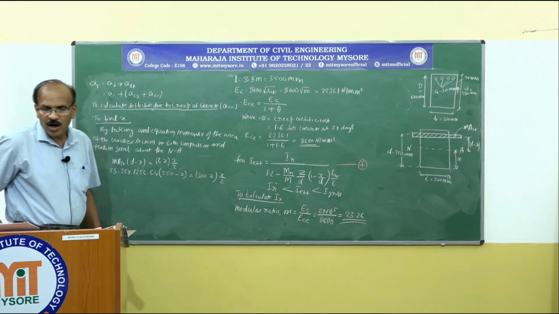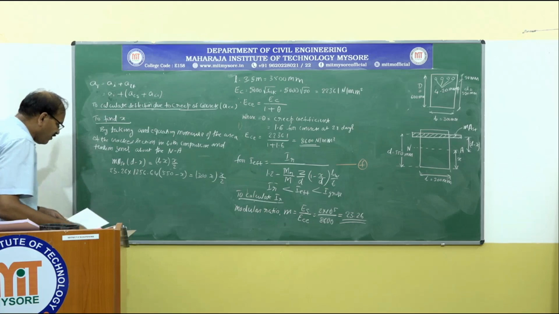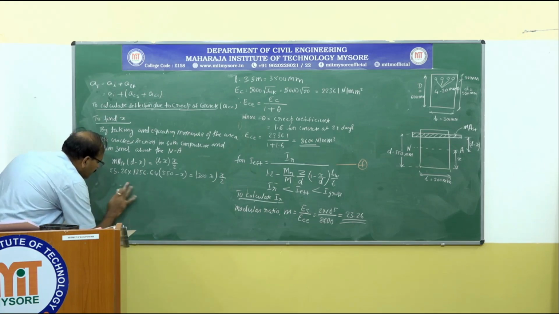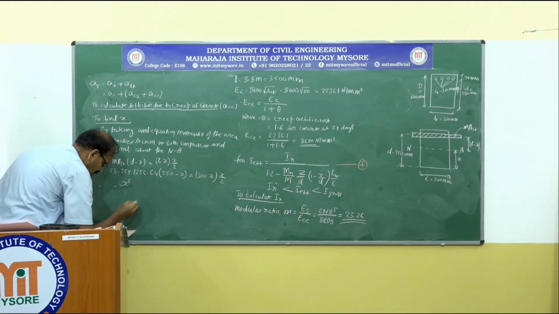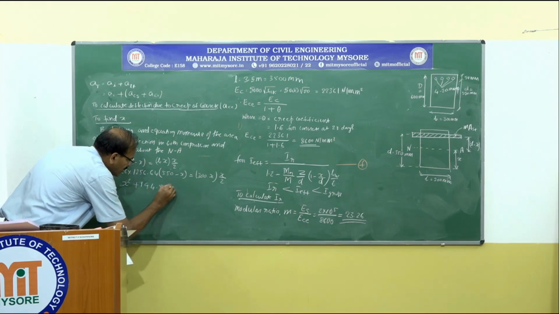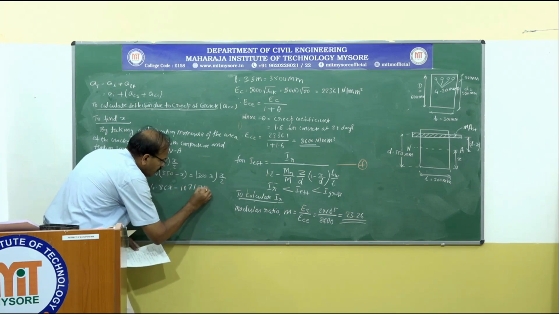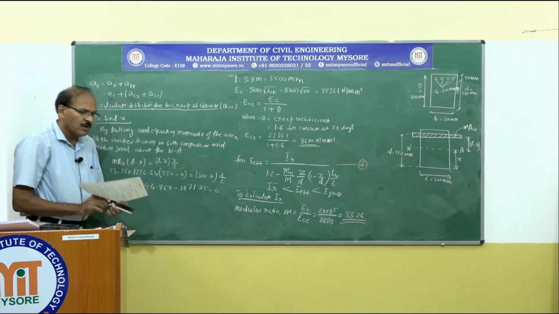On further simplification, the equation gets reduced to x square plus 194.86x minus 107175 equal to 0.